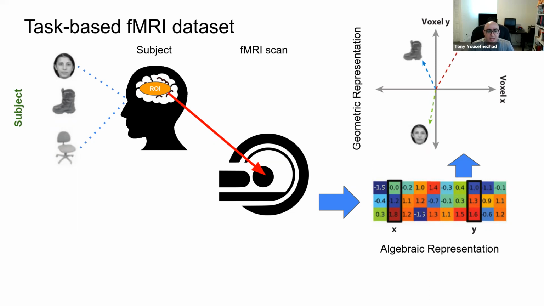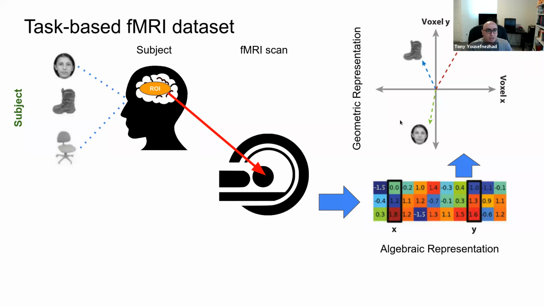We use the algebraic or matrix form of the data for advanced computational analysis. But we also use the geometric representation for understanding how our theoretical computational models work. So we switch between these two concepts during this presentation, but they are actually the same thing.